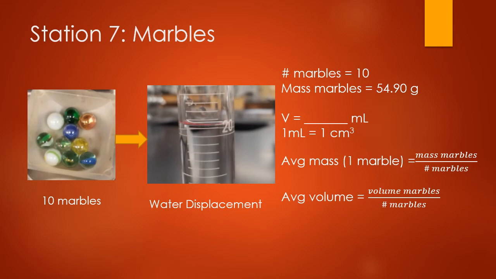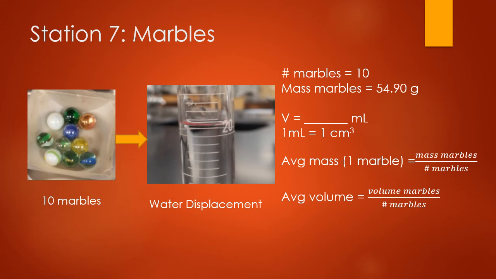If the marbles were less dense than water, they would just float along the top of the overflow can. They wouldn't sink, so they wouldn't displace any water, and no water would come out of the spout. But since they are more dense, we can use this method.